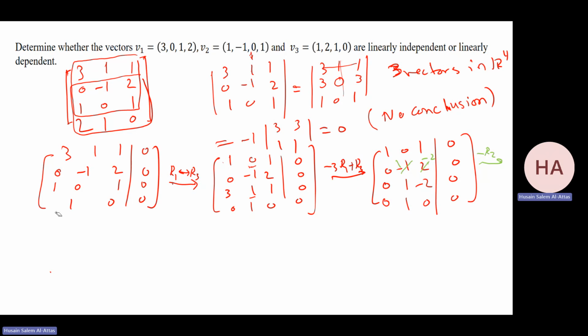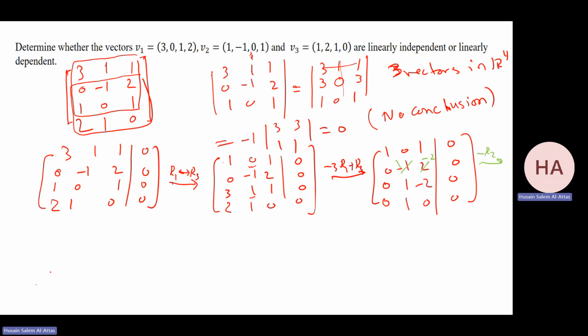This is not 0. Sorry, this is 2. Change the color. Sorry, I made a mistake. This is 2. So I need to multiply minus what I did.